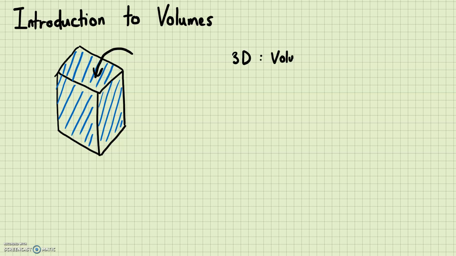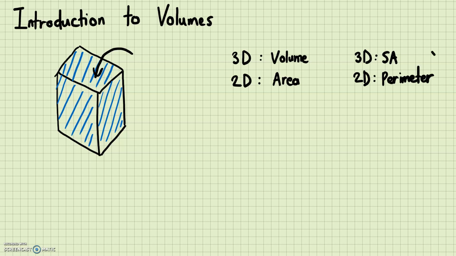And you can think of volume in three dimensions as kind of similar to area in two dimensions. Right? And surface area in three dimensions is kind of similar to perimeter in two dimensions, because these are concerned with the outside.